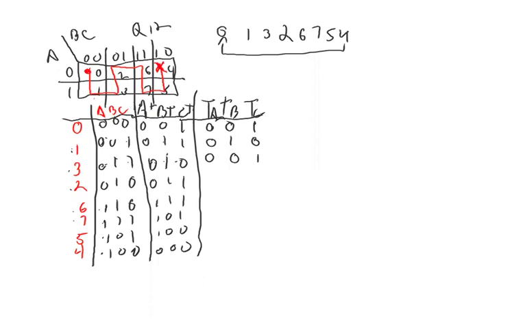Here we have change in the least significant bit. Here we have change in the least significant bit. Here we have change in only one bit. Here we have change in the least significant bit. And here we have change in only the most significant bit.